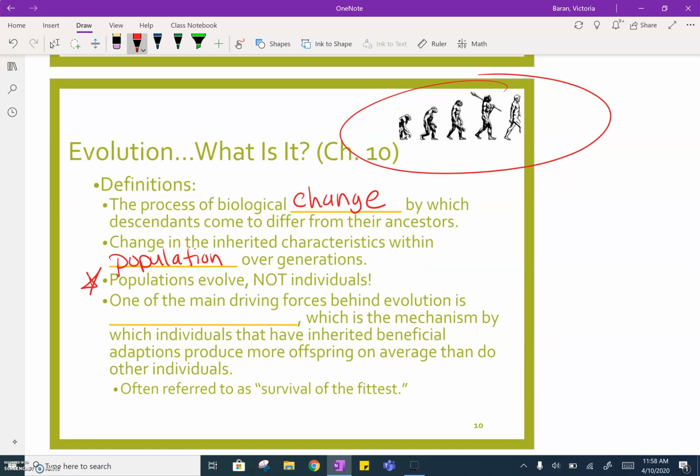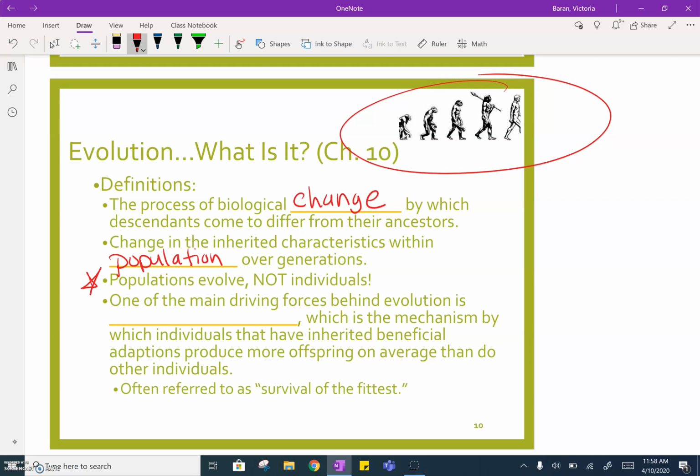This is a very popular image. Most of you have probably seen this in media or at some point in your life, and it's the monkey to man. And the reason I don't like this is I feel it's not very representative of what evolution is. It's not this linear line. We did not evolve from chimpanzees.